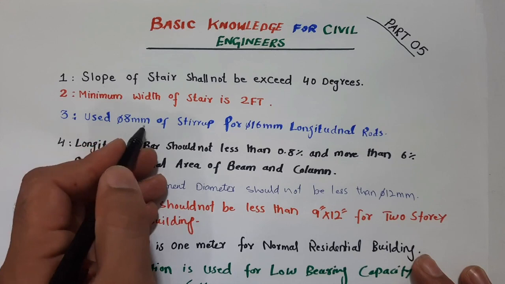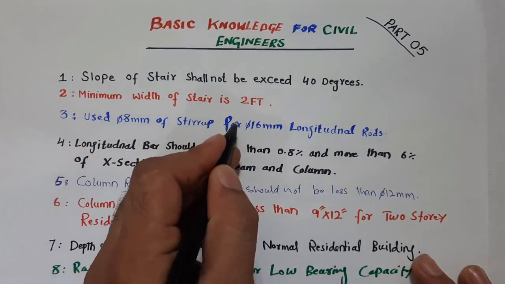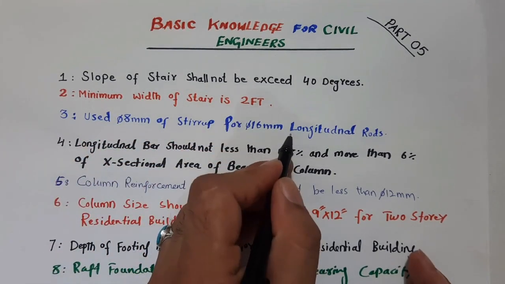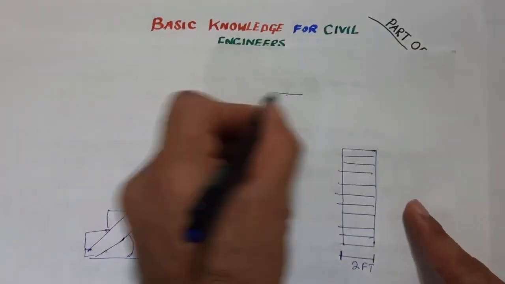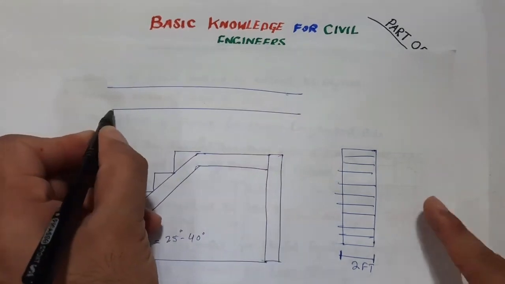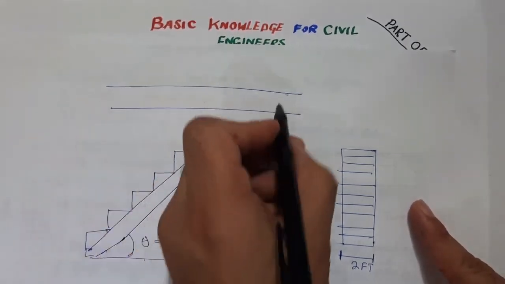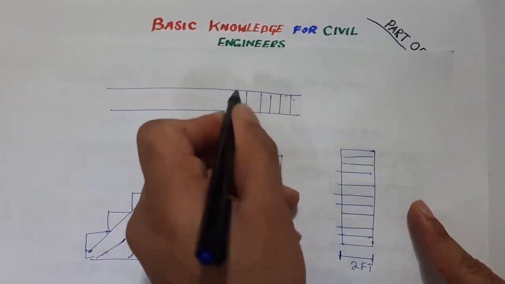Use 8 mm dia of steel rod for stirrups if the dia is 16 mm in longitudinal bars. Guys, you can see, suppose this is a beam, so these are stirrups.